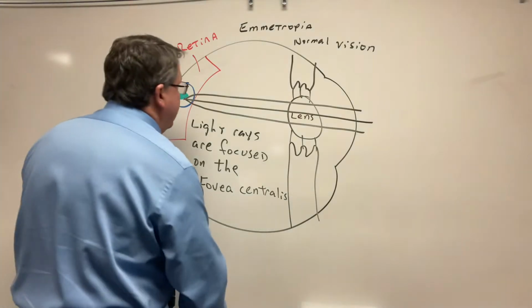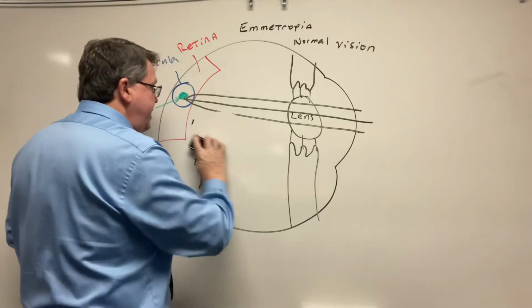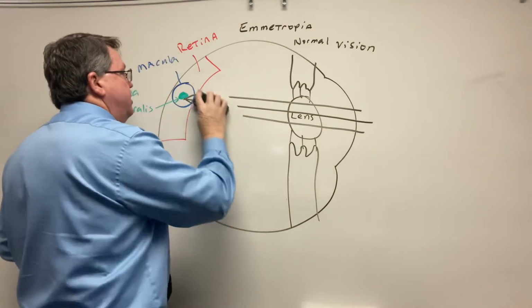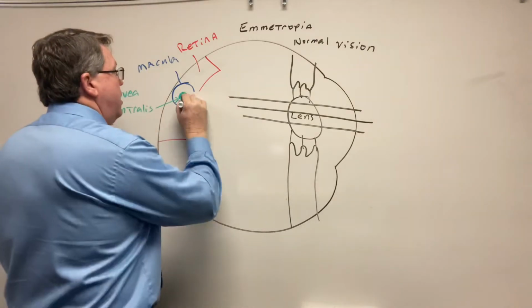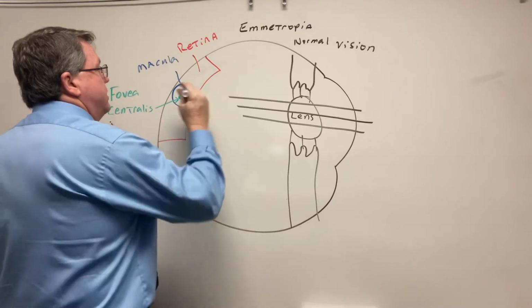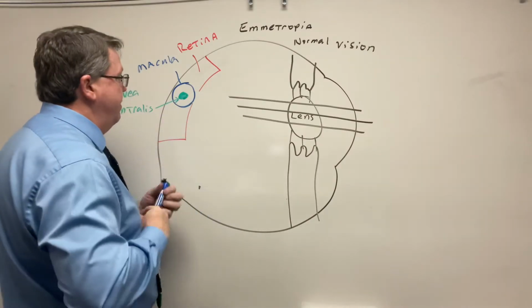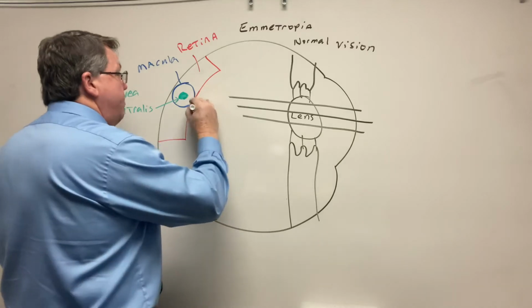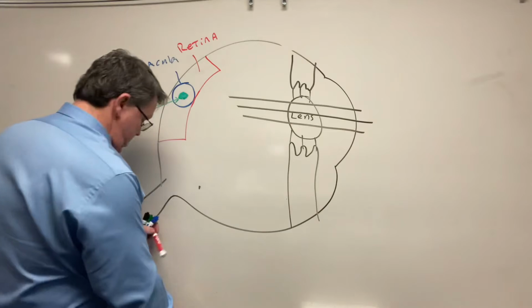Okay, so let's take a look now at what's going to happen when we have nearsightedness. Let me just erase some of this real quick. It's going to look something like this. So we're going to have my macula and all that back in shape and my Fovea Centralis. What's going to happen in nearsightedness is first we're going to call this myopia, right?